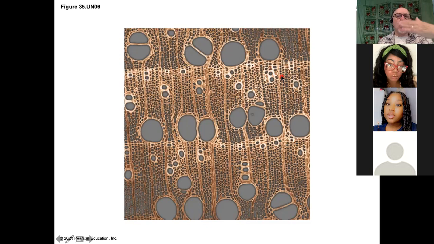The plant is almost dormant, but it's maintaining its functions. Then the tremendous growth spurt in spring and the summer produces this band. Then it shuts down again in the winter. And as a result, when we look at wood, we have these rings. We have a ring there, and we can count the number of rings, and it tells us how many seasons of growth the plant has enjoyed.